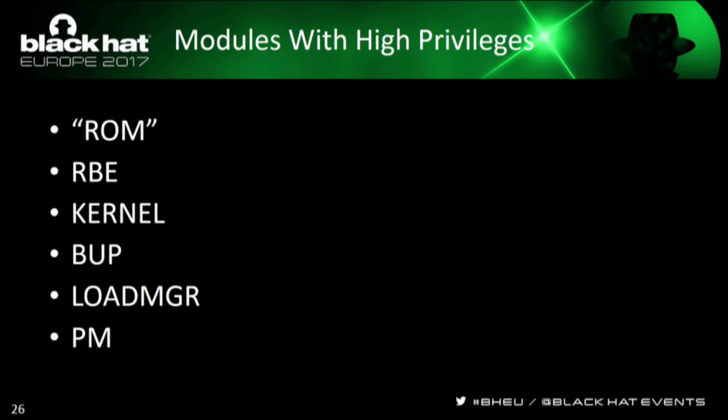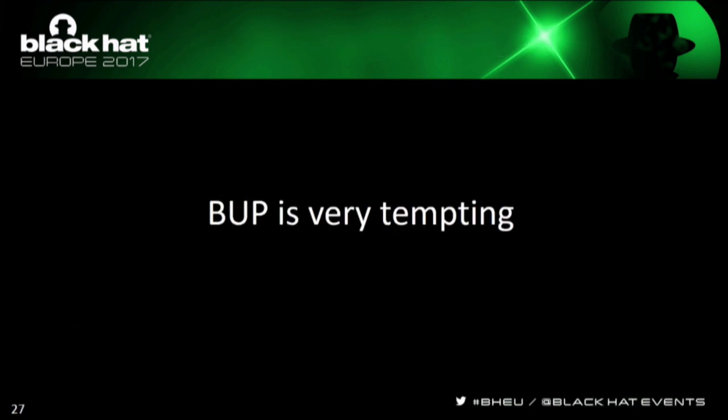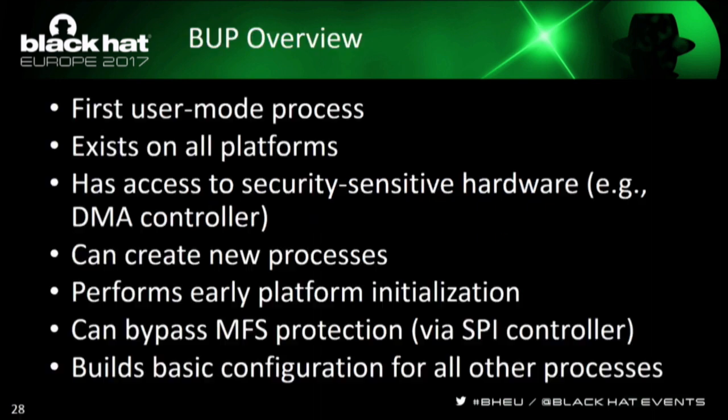Actually, ROM is the first code running on Intel ME. It can do everything. RBE is the bootloader, then the kernel itself, and three user mode processes. From these, we have selected BUP. Its name stands for Platform Bring Up. Our decision has the following reasons.